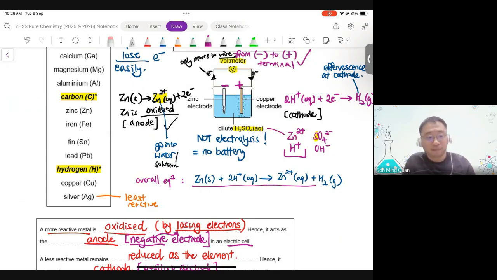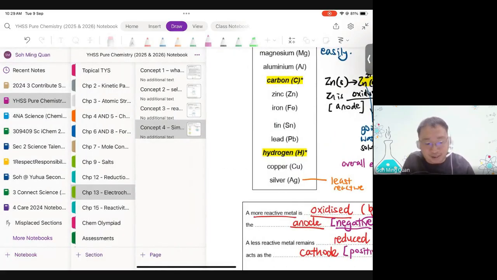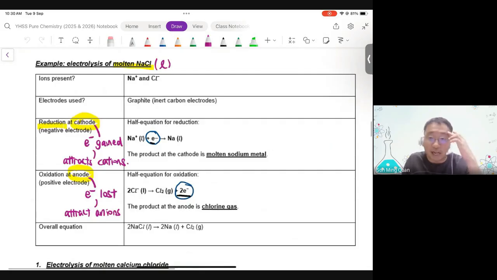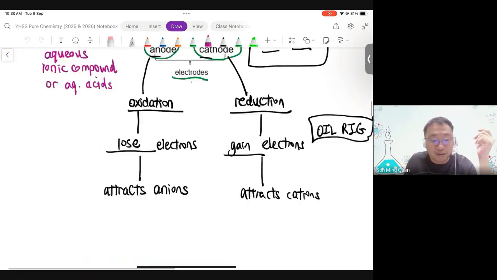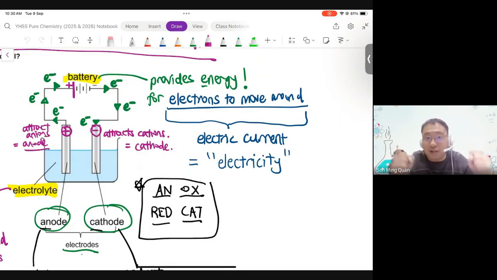Okay? Now, contrast this with your previous examples. The previous examples for electrolysis are the reverse. We made the electrons travel from plus to minus. This one needs forcing. I need to force the electrons to move around in an unnatural way.